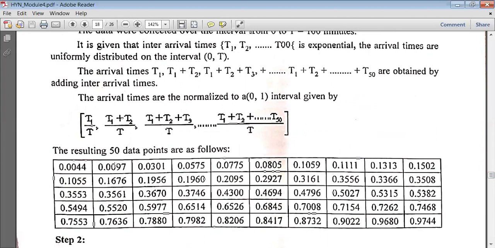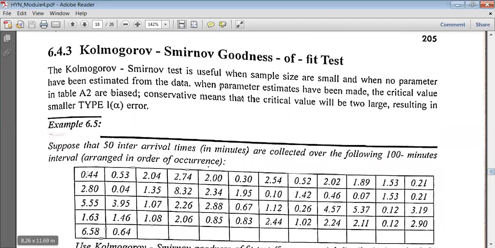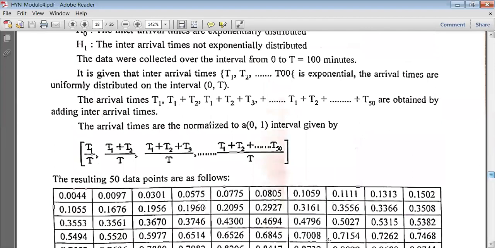In order to obtain the second value, we use the formula T1 plus T2 divided by T, right? Just add the two values in the question, 0.44 plus 0.53, which gives 0.97. Then 0.97 divided by 100 we will get as 0.0097.